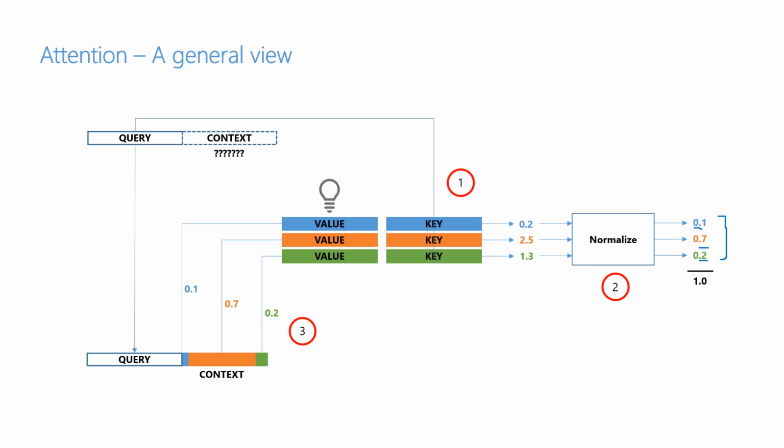So we are going to take 0.1 of this value, 0.7 of the orange value, and 0.2 of the green value, so that we give the proper balance to the value, and we are so able to build our context in the most meaningful way.